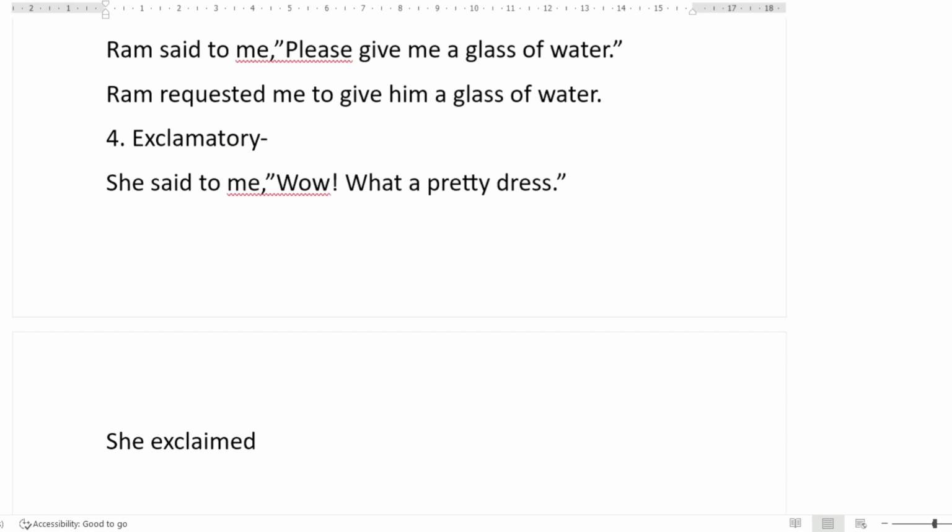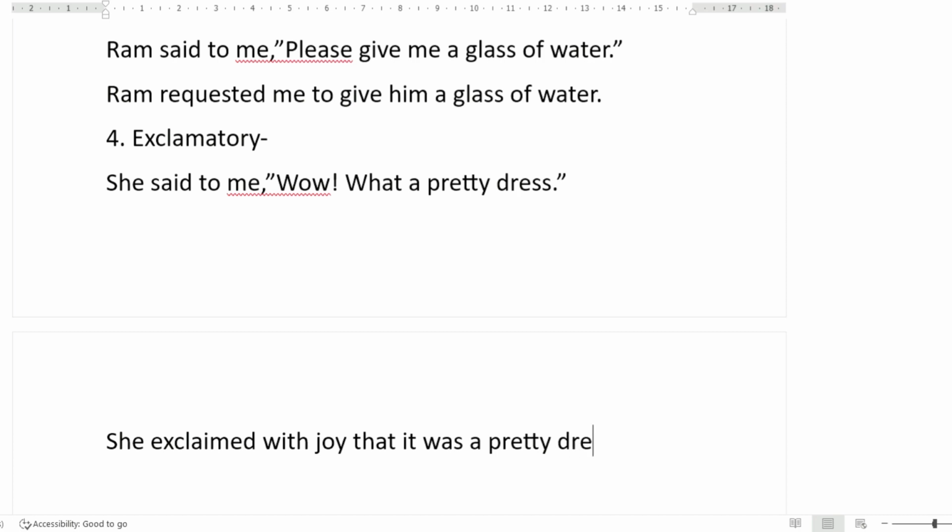So it can be said like this: she exclaimed with joy. In this type of sentence, we come back to the first rule: to remove the comma and inverted commas, we have to use that. So, she exclaimed with joy that it was a pretty dress.